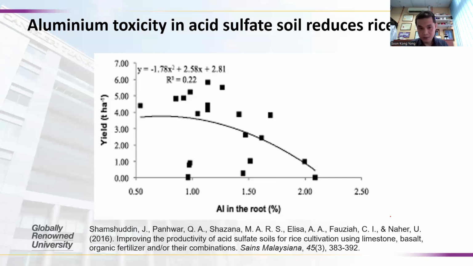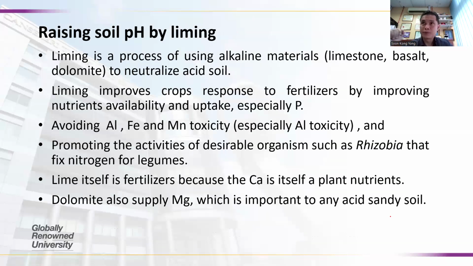And then what do we do? Well, if acidic soil is a problem, then increase the pH. How do we do it? Use liming. Liming is a process where we put alkaline materials like, for example, limestone. Limestone is the cheapest. You can use basalt, and I believe Indonesia has a lot of basalt. It's a dark rock.